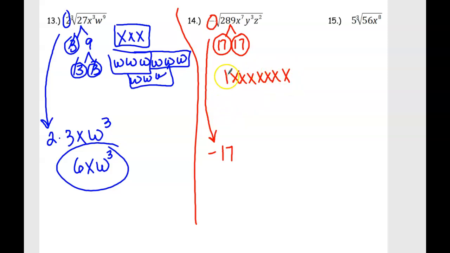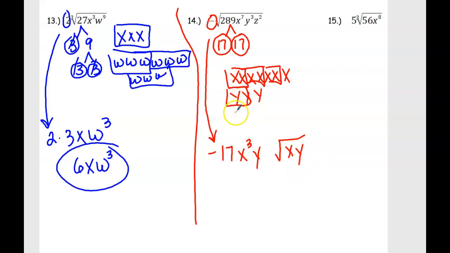When we think of pairs, we've got 1, 2, and 3, so x to the third, and then what's left over is just 1 x. With our y's, we've got 3 of them, so we have 1 set of y with 1 left over, and for z's, we just have 1 set of z's, so that would come out. So our final answer would be negative 17, x to the third, y, z, radical xy.